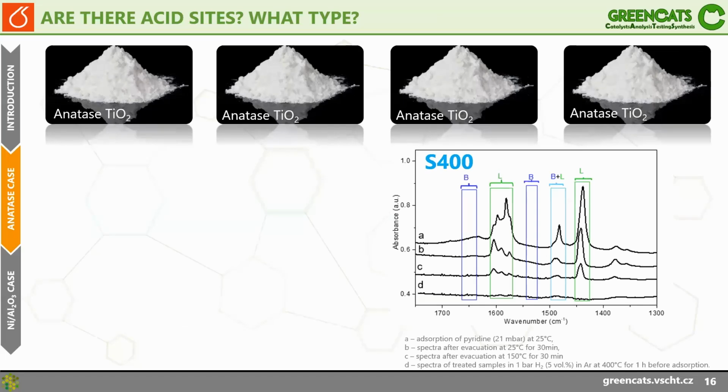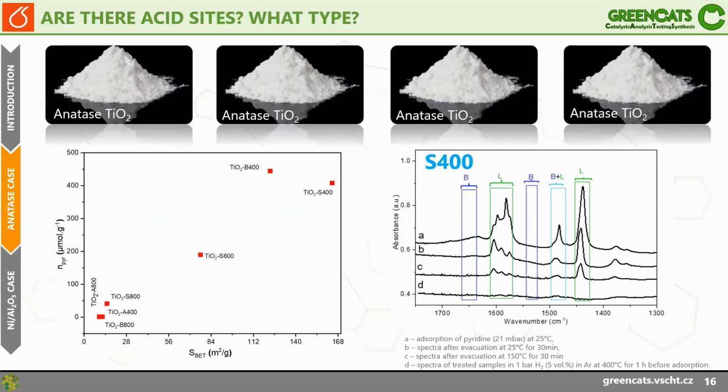We then looked into the surface, into the acidity of those materials, and these are spectra of adsorbed pyridine. Before treatment, that's the line here, and this is adsorbed pyridine, this is evacuated, and this is evacuated at higher temperature. What we can conclude from here is that we don't have Brønsted acidity in the material; they appear to be simply Lewis acids.